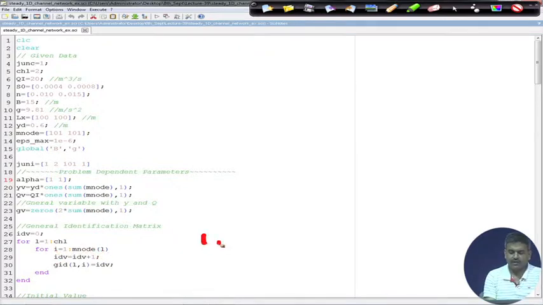M node means 1 to N1, NL plus 1, all nodes I should assign IDV equals to IDV plus 1. Whenever I am entering into this loop, I am adding IDV equals to IDV plus 1. So, GID equals to IDV, that means one by one I have assigned a serial number against each of those sections in different channel reaches. So, I will have a unique number for any channel section in a particular channel reach.